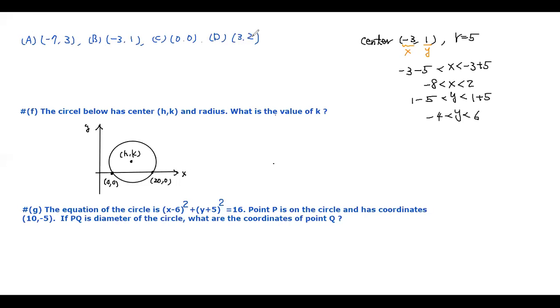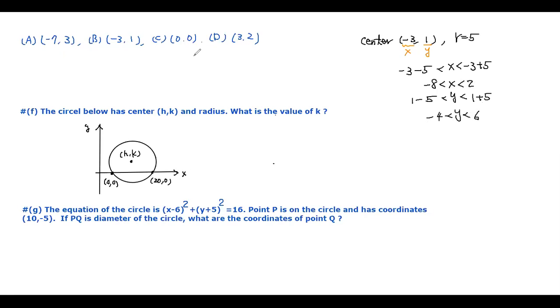The first quick and easy way is to check whether any number is not inside my x and y ranges. Since this is multiple choice, as long as you find the one, that's it. The first one is negative 7 and 3. Negative 7 is inside the x range, 3 is inside the y range.